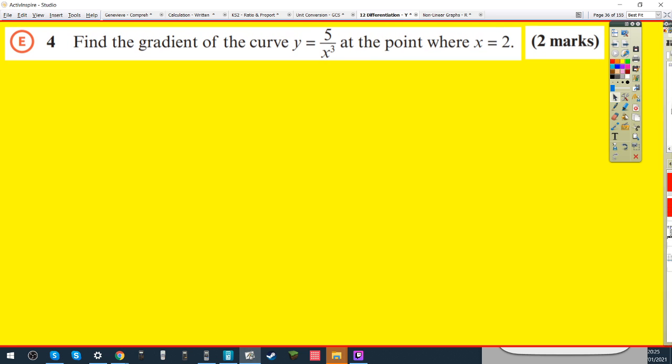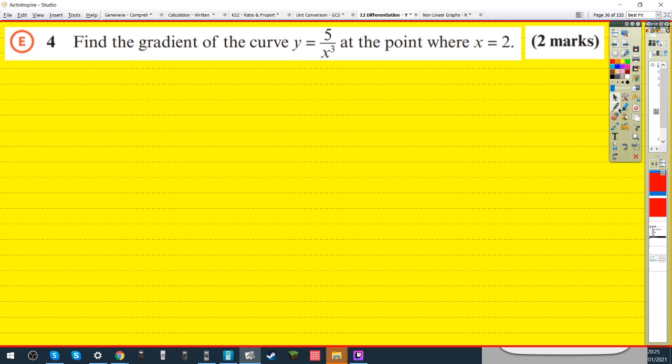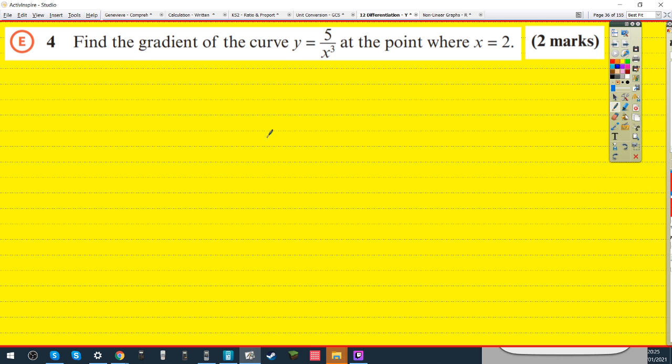Can you just substitute 2 in for x? No, that will give you the y coordinate. We want the gradient. So you'd use m equals y2 minus y1 over x2 minus x1. No, you wouldn't, because this is a curve, and so you would use the gradient function.